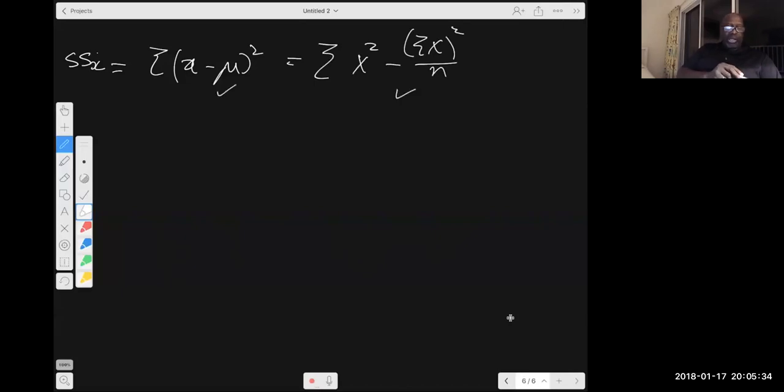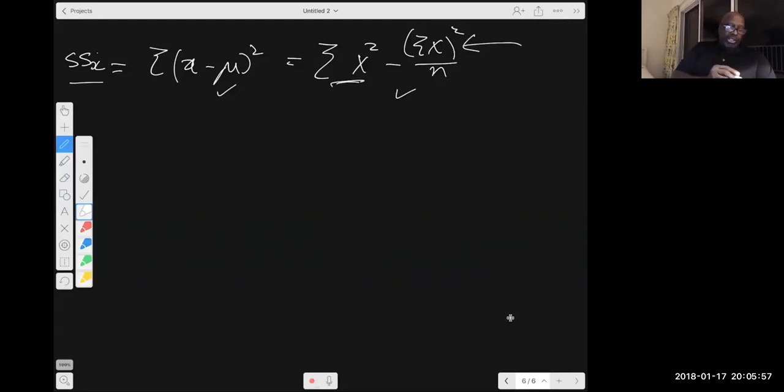With the first version you have to calculate the population mean, subtract it from each value, and square them. With this one, you add up the x's to get the sum of x, then square each x value and add those up. It requires a little less work, but you get the same answer.